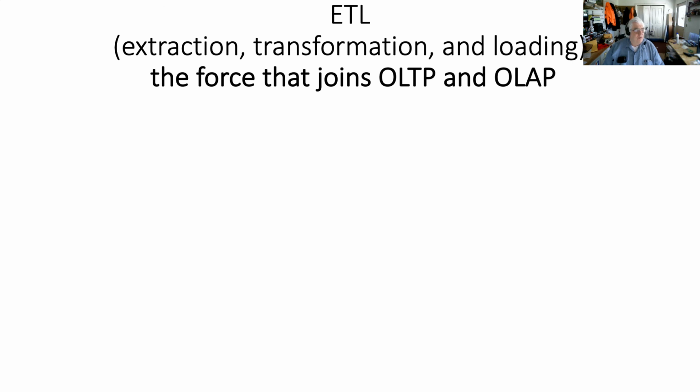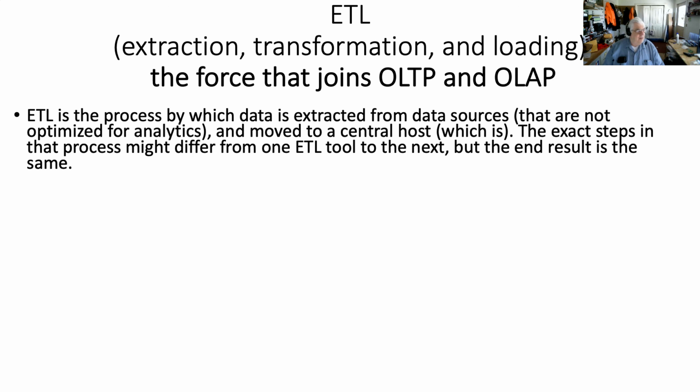And that's the force that joins OLTP to OLAP. So how do you get all that data that you had in your online transaction processing to your analytical engine? It's a process where data is extracted from data sources that are not optimized for analytics.